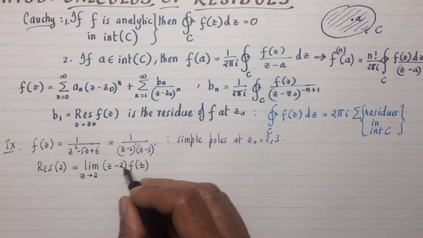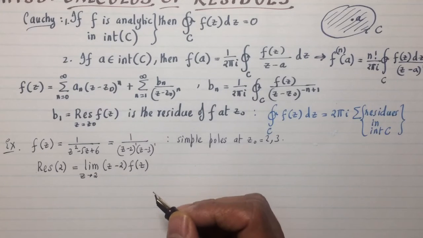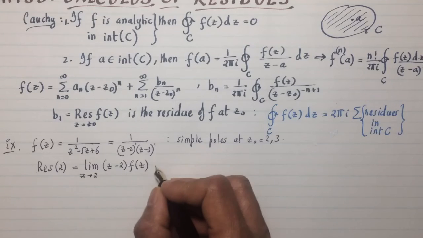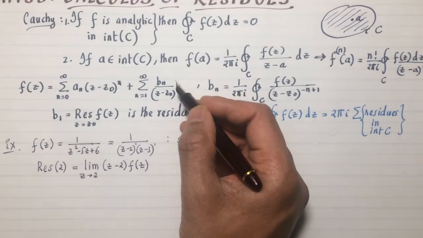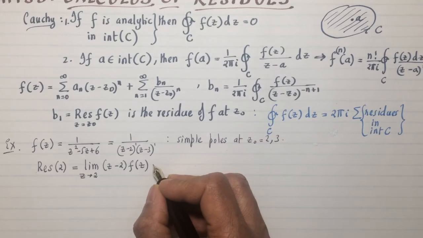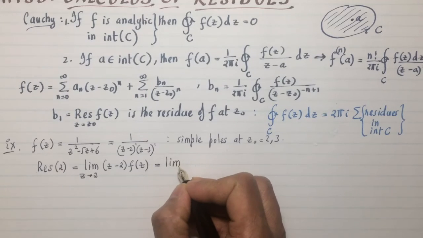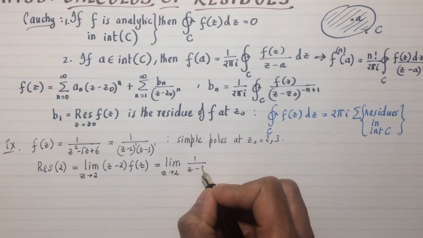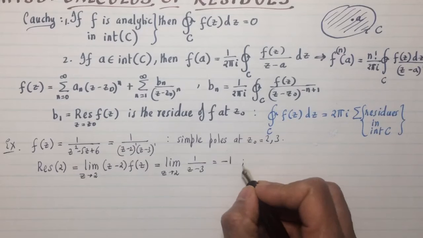So that's the purpose of multiplying by z minus 2. Now when you do this, there's only b_1. There's no higher terms, by the way. So this gives me the limit as z goes to 2 of 1 over z minus 3, which is minus 1.